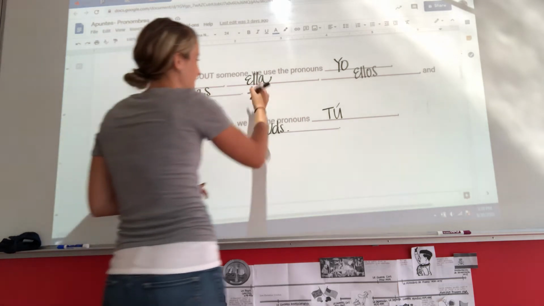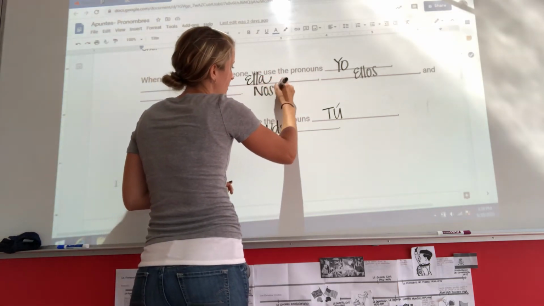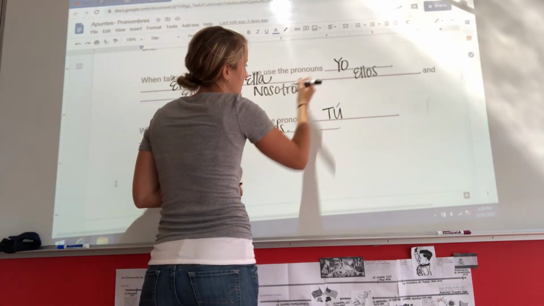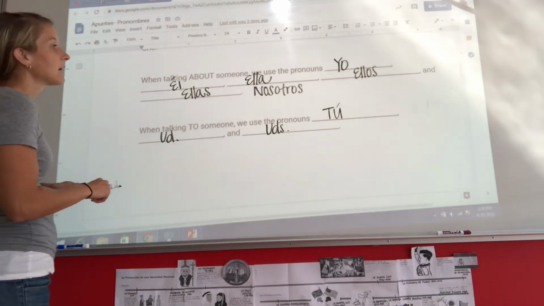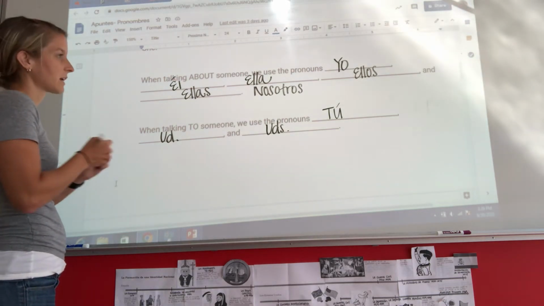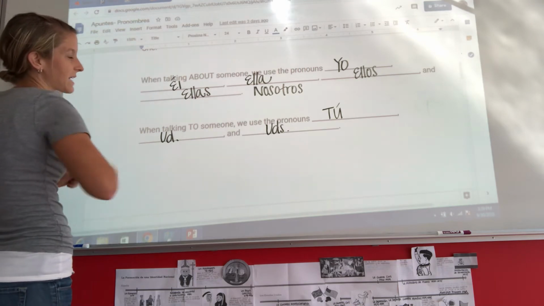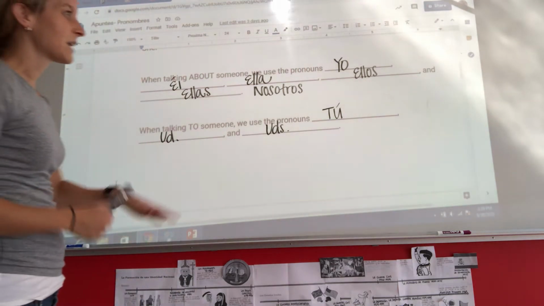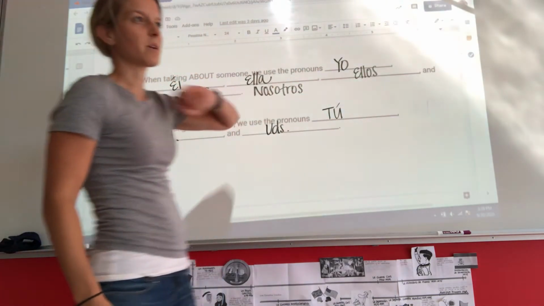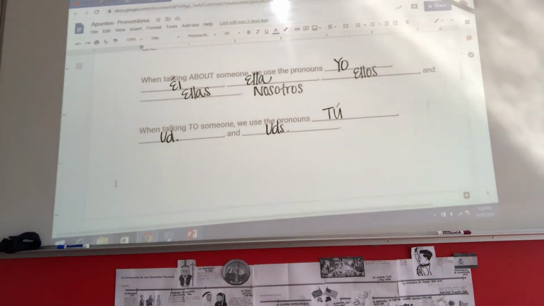And we could even add nosotros, we. When we're talking about myself, I am, we're talking about we. Él, ella, ellos, ellas, nosotros, those are more of we're talking about someone. And a lot of times when we're talking about ourselves, we'll see that that pronoun is already kind of done for us. Okay, let's go down to some practice.